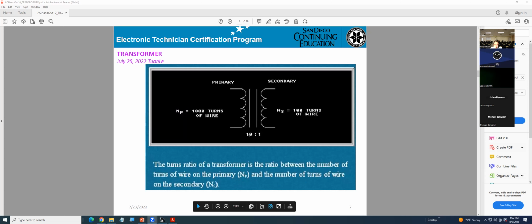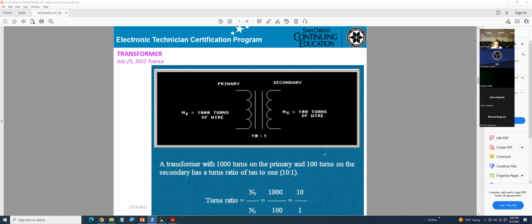In this one here, you can get NP, they give you 1,000 turns, and that will be 100 turns. A transformer with 1,000 turns on the primary and 100 turns on the secondary has a turn ratio of 10:1.